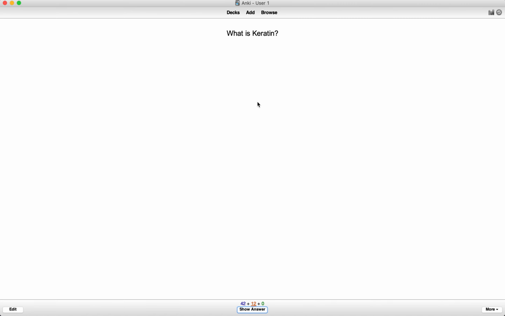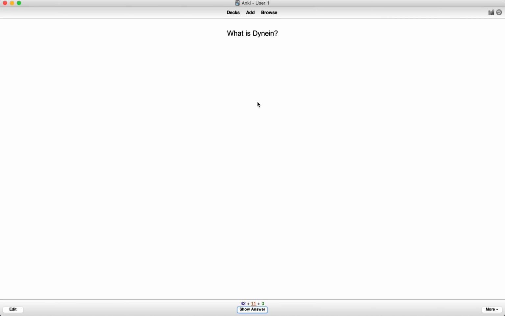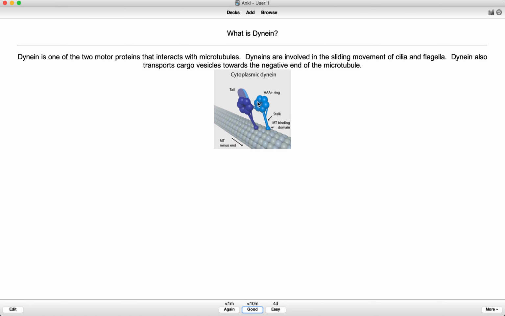It is found in our hair and nails, and is involved in structural integrity and regulation of the cell. Dynein is one of the motor proteins that interact with microtubules. It is involved in the movement of cilia and flagella, and in the transportation of vesicle cargo from the positive to negative ends of the microtubules.